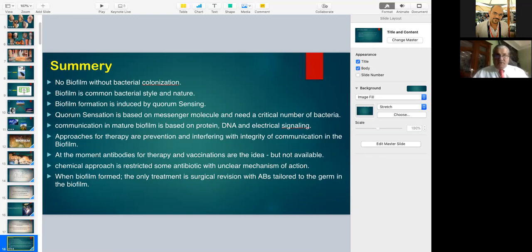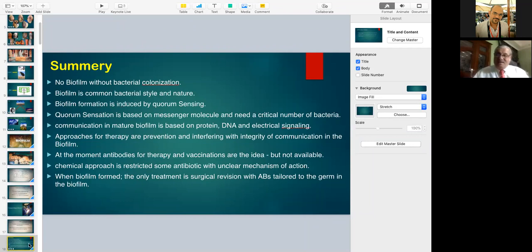And we keep in mind that biofilm may be present in the river, in the stone, everywhere, so it is a common style of life in nature. We said they colonize by quorum sensing, formed by pili and electrical conduction by protein. And when there is biofilm, it will need surgical therapy.